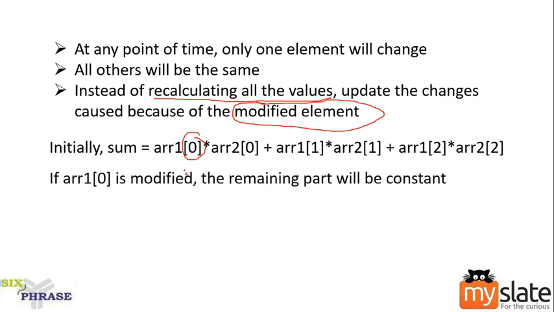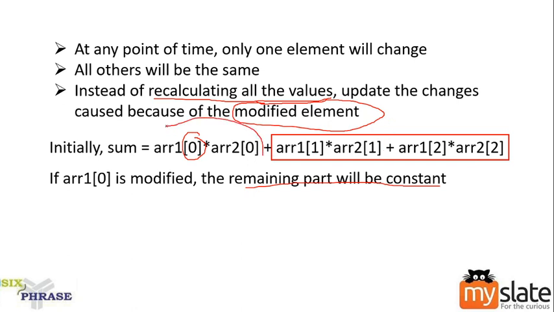If zeroth index is modified, remaining part will not change. This part, look at the highlighted part, this part will not change, obviously, right? If it does not change, have that value and work on this part alone. Okay, since this part does not change, don't recalculate these values, work on the value to be modified. Yes, so what can I do?